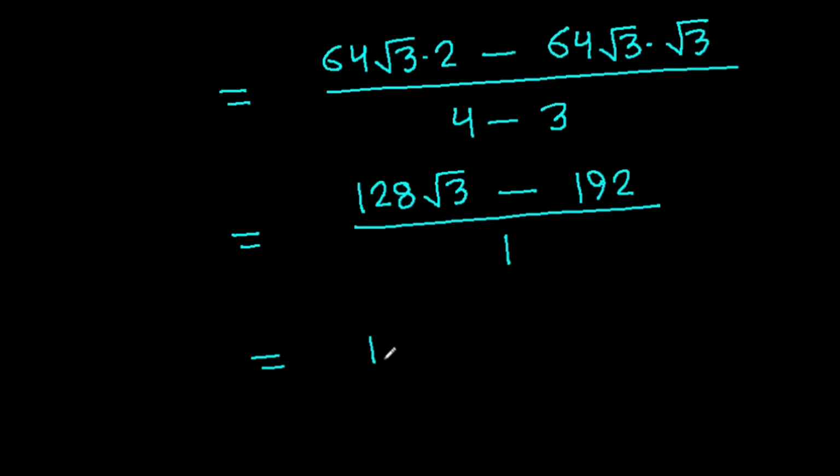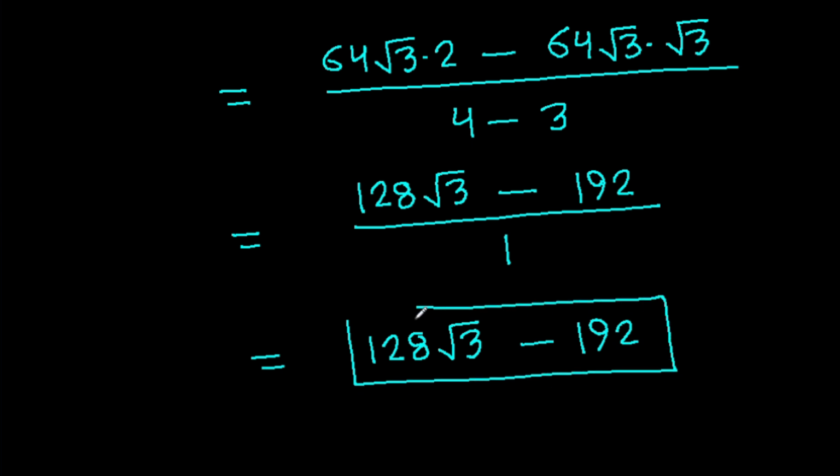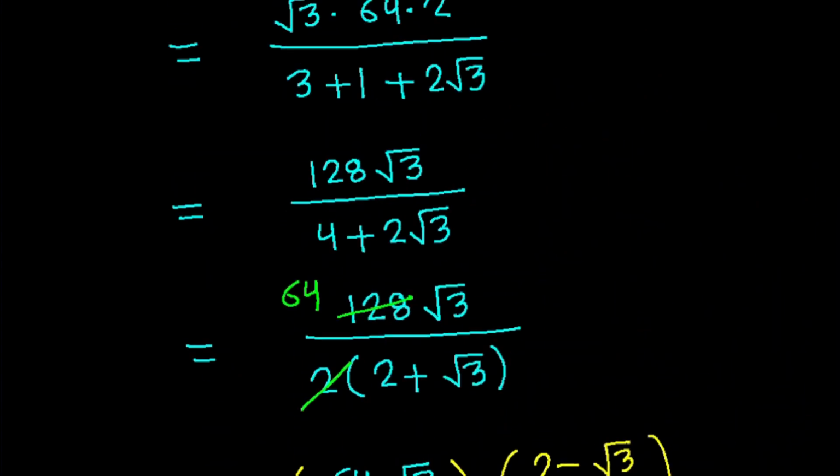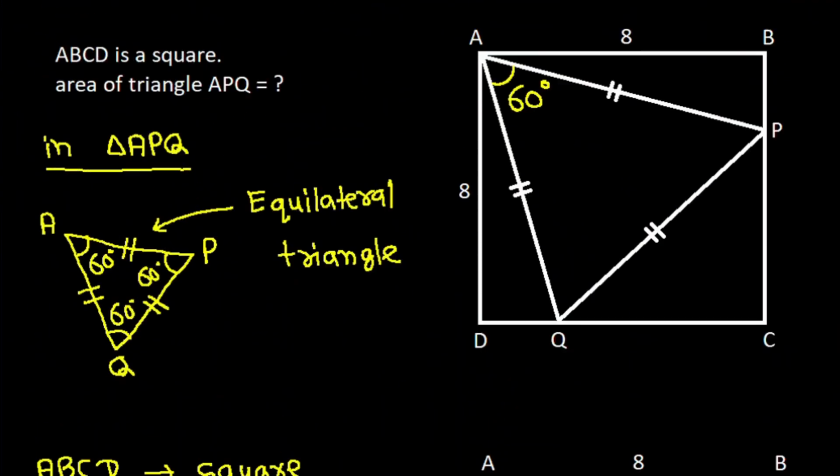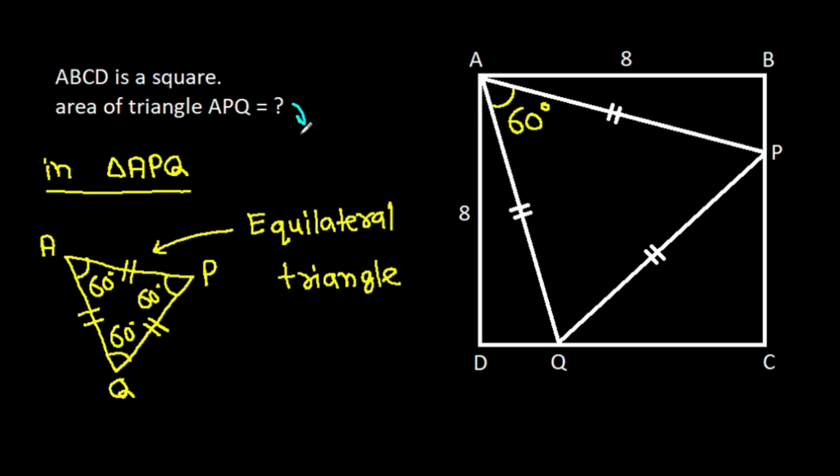So it is 128 root 3 minus 192. The area is 128 root 3 minus 192.